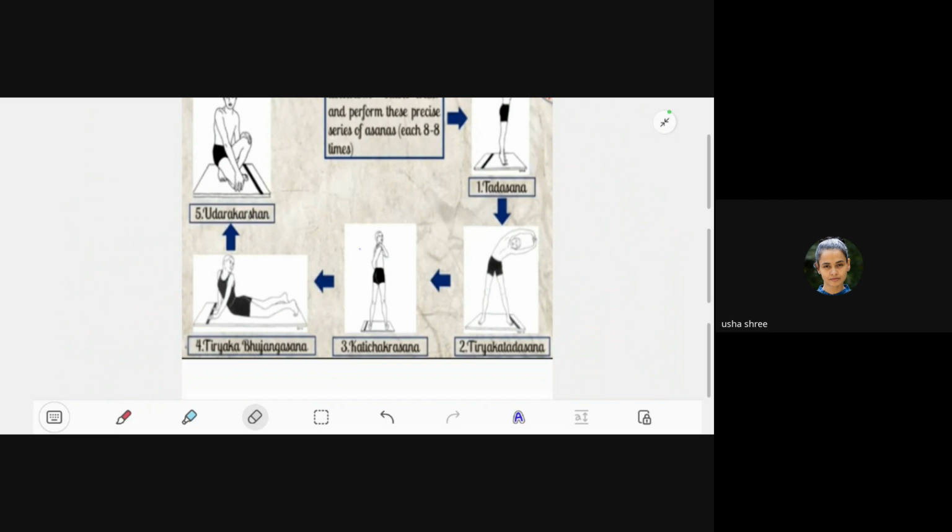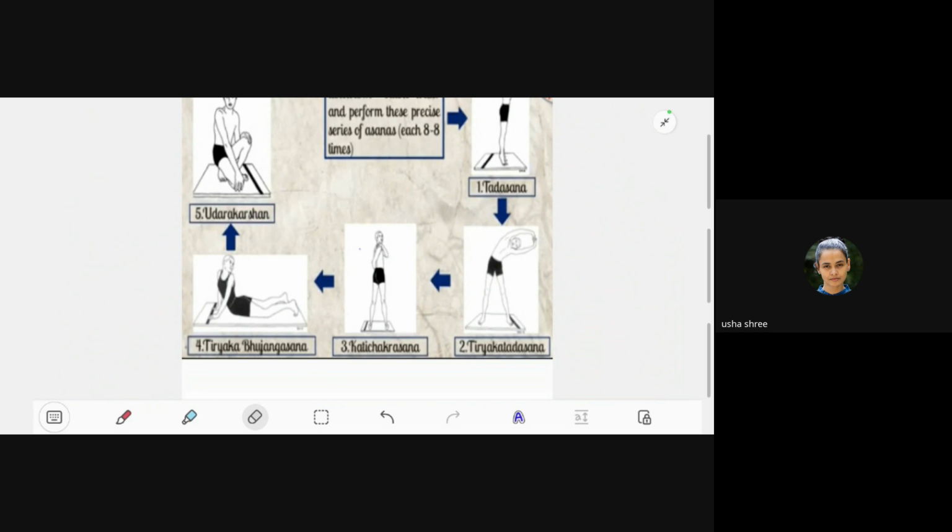Maximum is for the one who feels constipated all the time. For us, we can perform with 5 to 6 glasses because our body does not absorb easily, and we can perform these asanas very quickly.